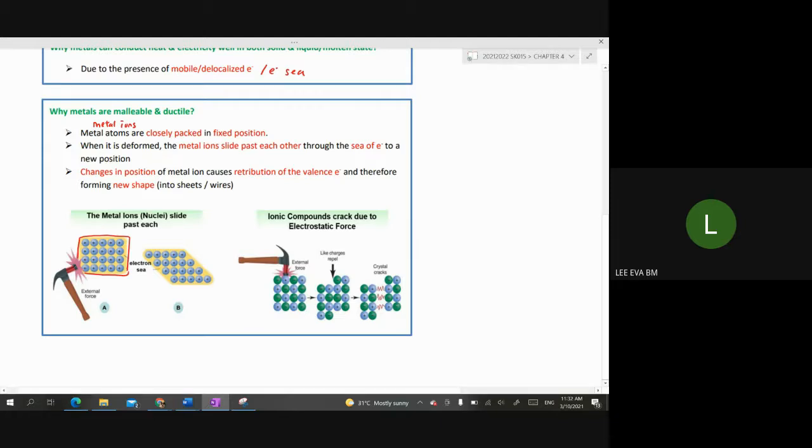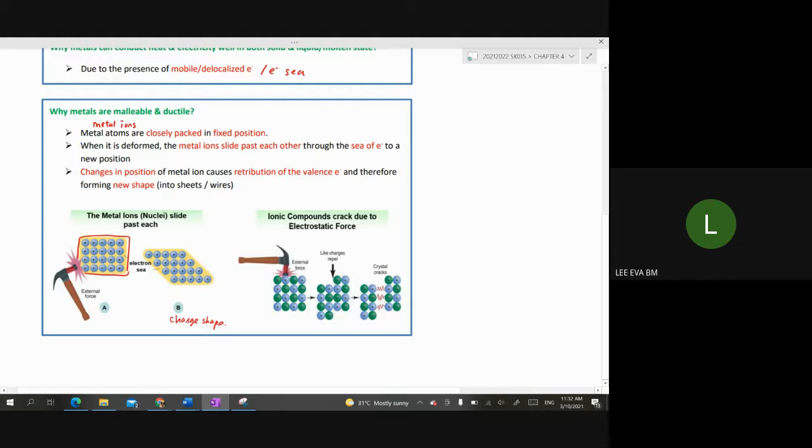So kalau awak cuma ketuk dia saja, dia tak ada break bond. Dia cuma tukar shape. So sliding past each other. Okay, so until step B over here, you just change the shape. Okay, so change in new positions of metal ion causes redistribution of the valence electron, therefore forming new shape.